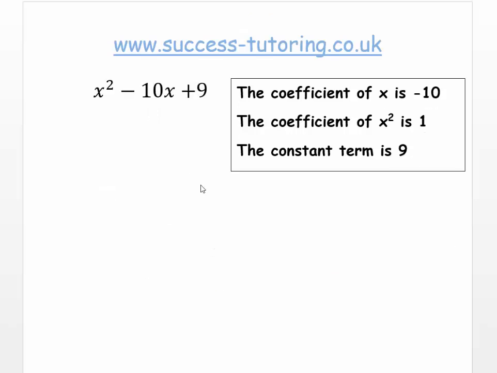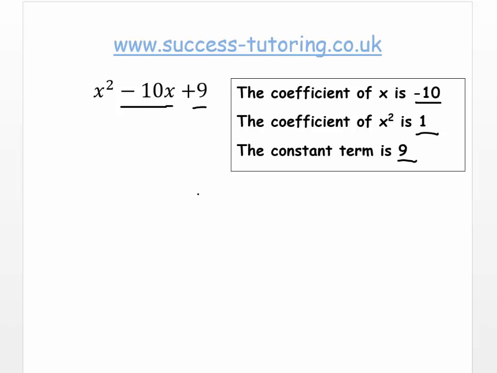Right, let's try this question now. We've got x squared minus 10x plus 9. If you notice here, we have a minus 10x now. Up until now, we've only been dealing with positive whole numbers. So the coefficient of x is minus 10, the coefficient of x squared is 1, and the constant term here is 9.